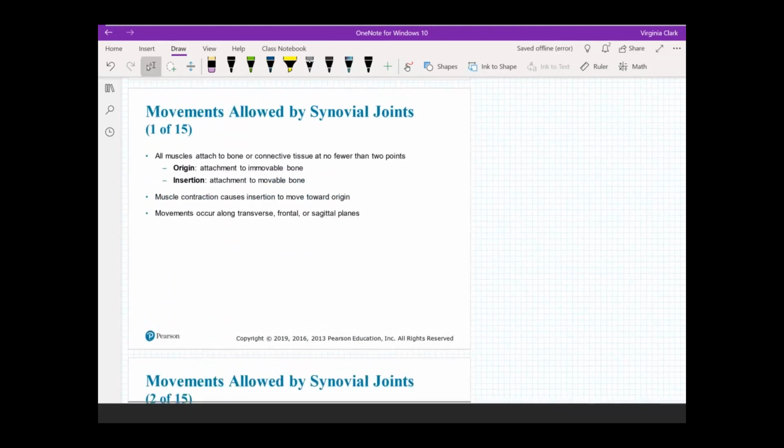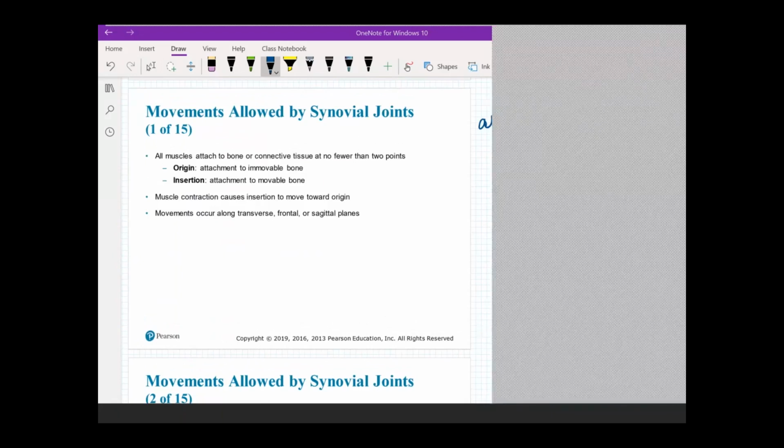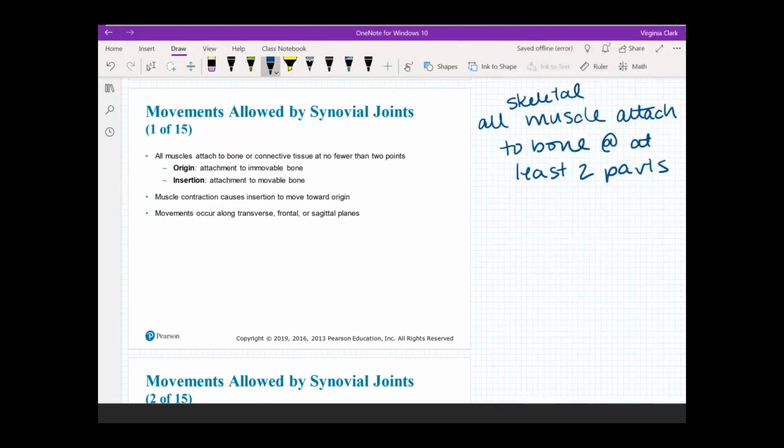So with synovial joints, remember, every muscle we're going to talk about in the next couple of chapters, let's rephrase that, all skeletal muscles attach to bone. And as they attach to these bones, they have to connect at least 2 parts. So you are always going to think of a skeletal muscle as something like this.